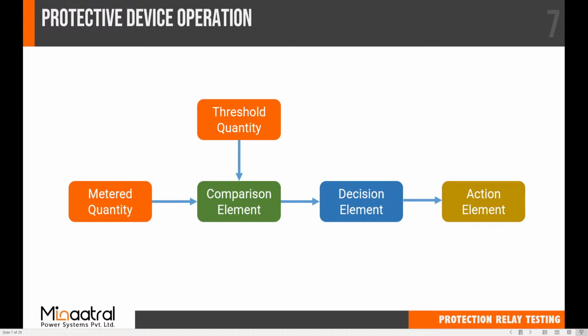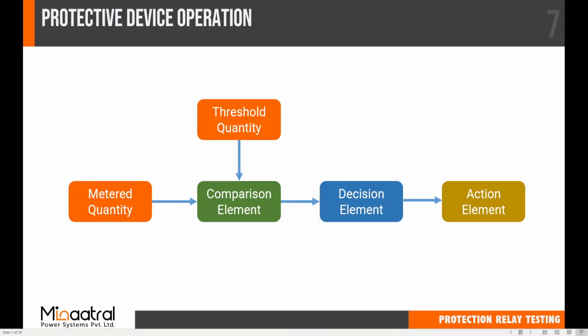So in case of overcurrent relays, your metered quantity is your current from your current transformers, and your threshold quantity is again going to be your current setting that you give, right? So it compares both of them. Now, if the measured quantity is greater than the threshold quantity, then it goes to the decision element.